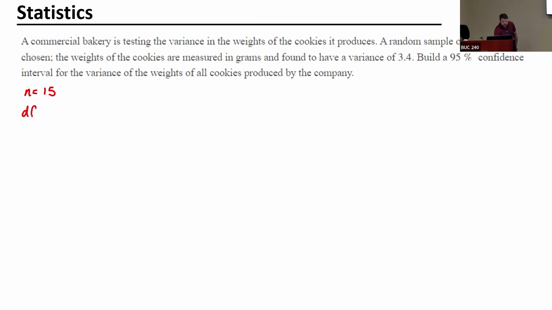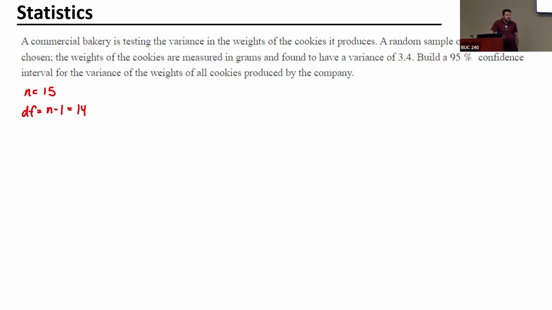We also know degrees of freedom is defined by what? n minus 1, which is easy enough. That's just going to be 14. Do they give us a variance? Yeah, how would you write variance? Go back to what I did at the very first class. Population is always what? Greek.